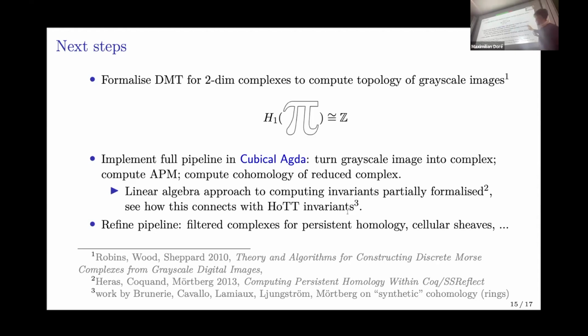There's a nice paper from 2010, which tells you how to turn this image into a two-dimensional cubical complex. And then once we have formalized discrete Morse theory for two-dimensional complexes, we can reason about images and say something like, okay, if we go along the pipeline, then we can establish topological properties of these images.